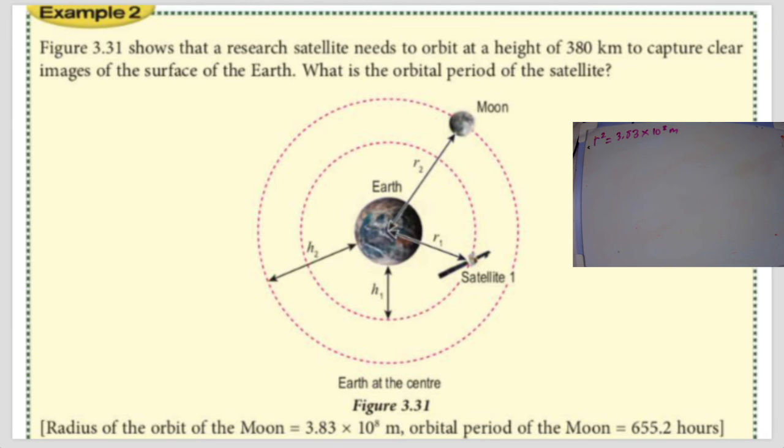All right. So first we'll write that down, R2. Next, R1. What is R1? Radius of the satellite. Orbital period of the satellite is not mentioned. So R1 is not yet mentioned in the question.